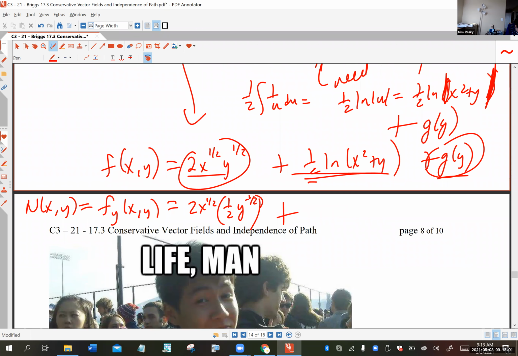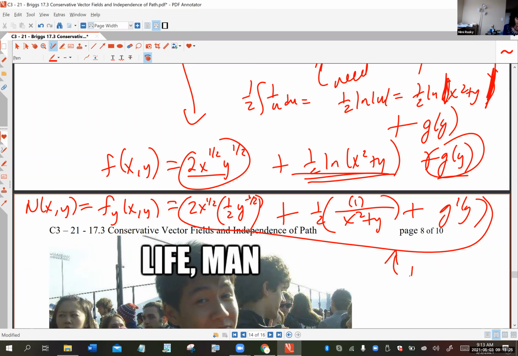All right, now we're going to take the derivative of 1/2 ln of x squared plus y with respect to y. So we have a half times 1 over x squared plus y times the derivative of x squared plus y with respect to y. I think that's just going to be a 1. Plus g prime of y, and I'm done. So what's the correct answer? This right here.